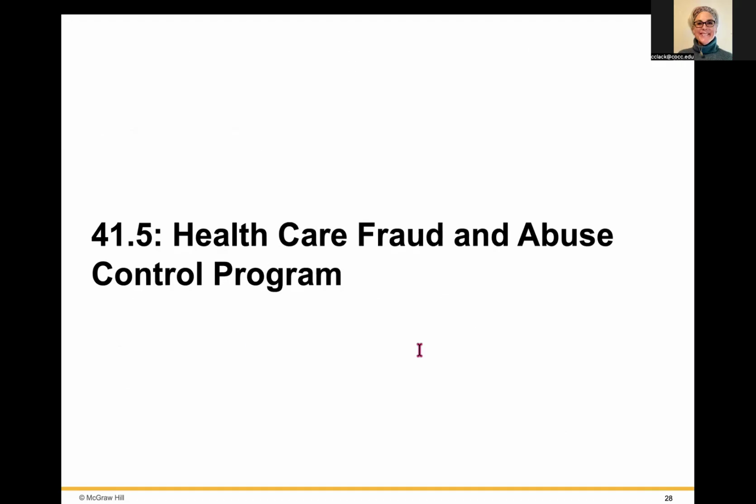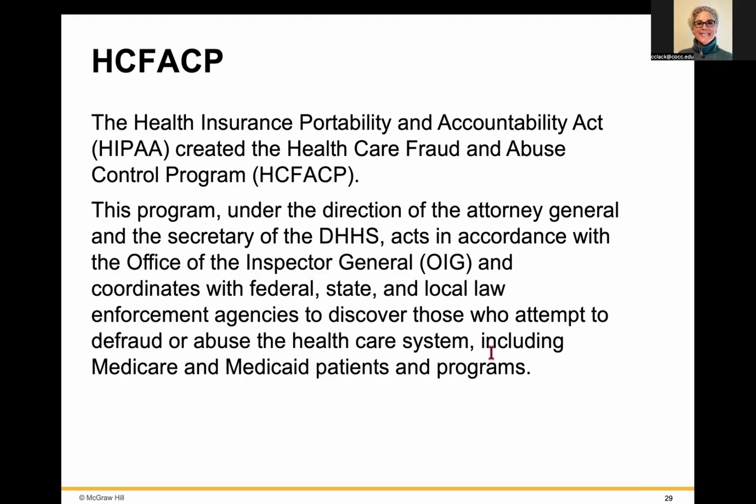This is where enforcement becomes coordinated: healthcare fraud and abuse control programs. You want to think detection, investigation, and action across agencies. The Health Insurance Portability and Accountability Act created the Healthcare Fraud and Abuse Control Program, or HCFAC.